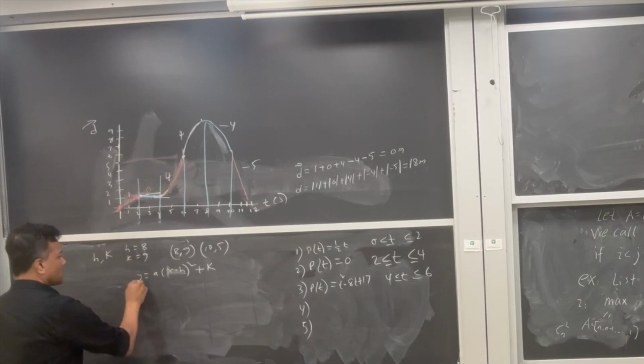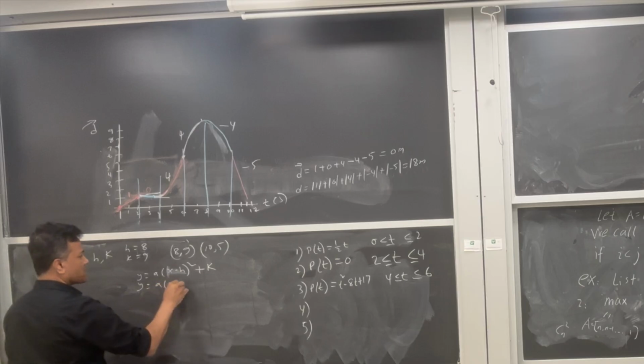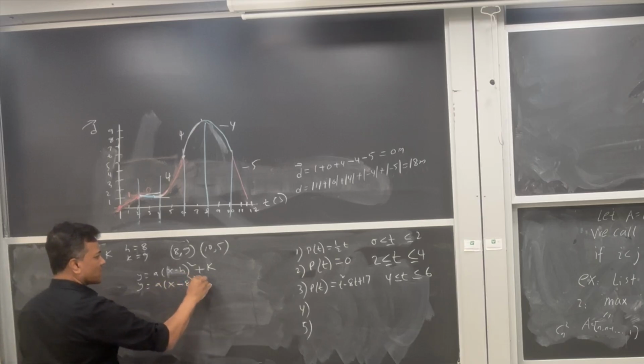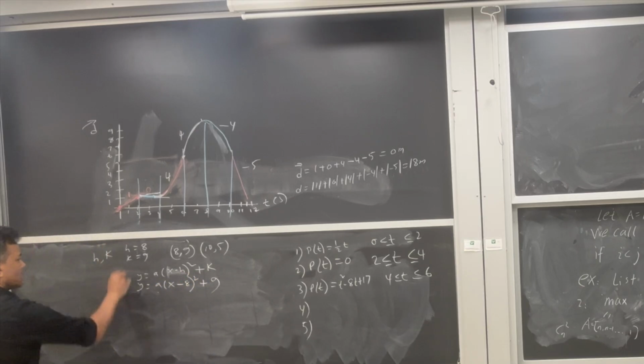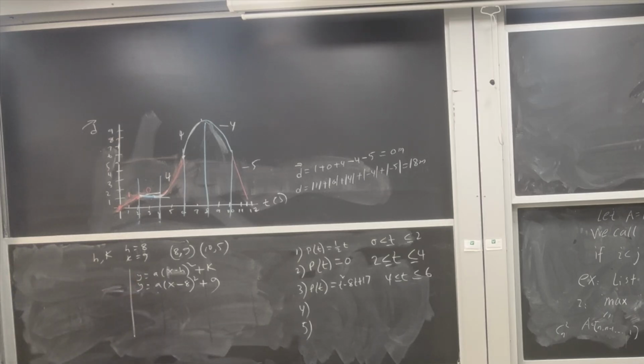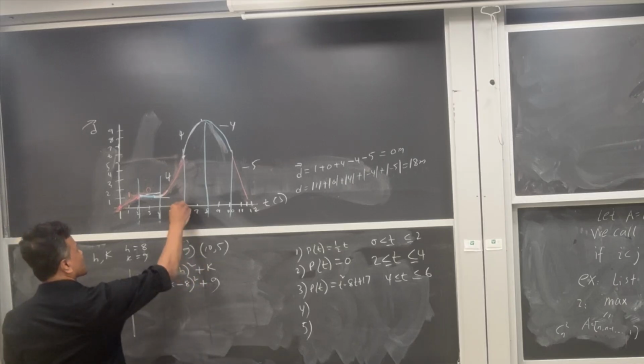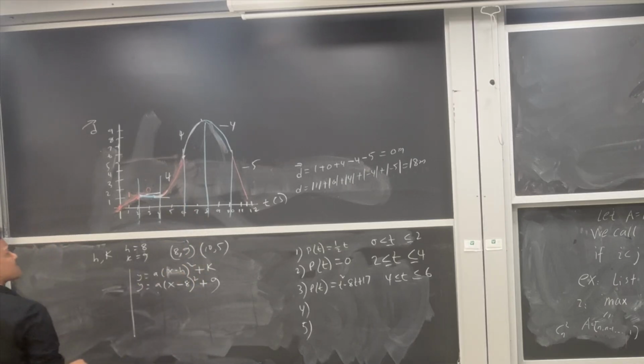So y is equal to a times x minus 8 squared plus 9. We want to find a. How can we find a? Let's see. Can we use any other point? I'm sure we can. The other point is 6 comma 5.